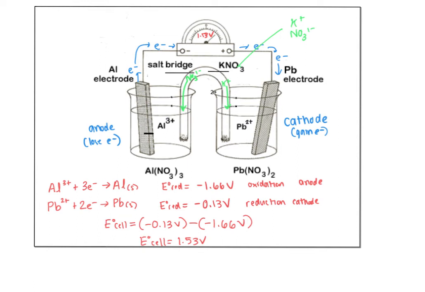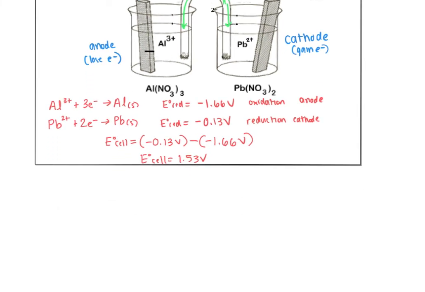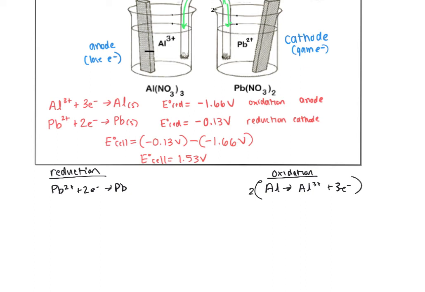I can balance these as well. My reduction half reaction, we leave the same, Pb2+ plus 2 electrons makes Pb. My oxidation reaction, we have to reverse when we start to balance. So it'd be Al makes Al3+ and 3 electrons. So we're going to multiply this guy by 2, multiply this guy by 3.